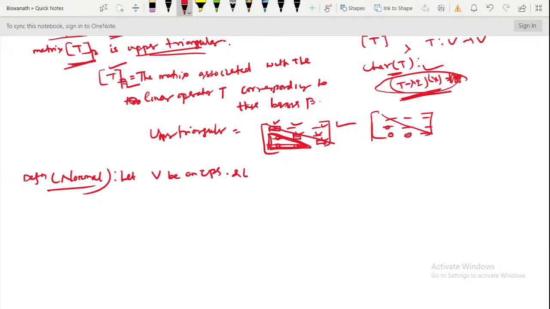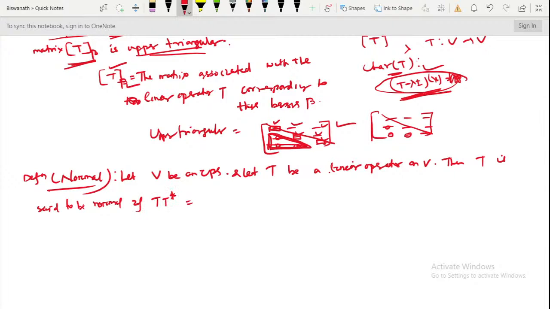Let T be a linear operator on V. Then T is said to be normal if T star T equals T T star. Suppose V is an inner product space and T is a linear operator on V, then T is said to be normal if it satisfies this condition. That means if T and T star commute, then T is said to be normal.